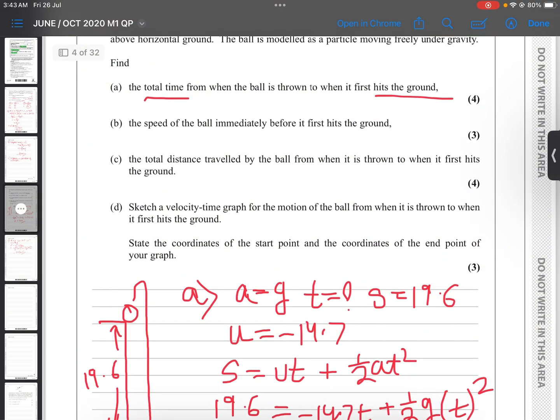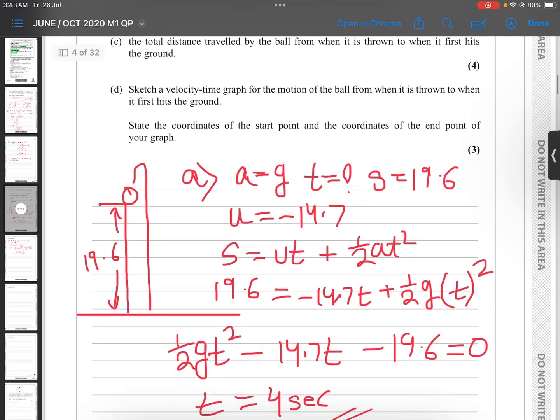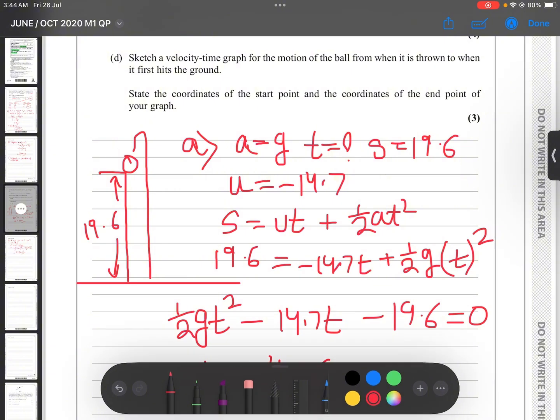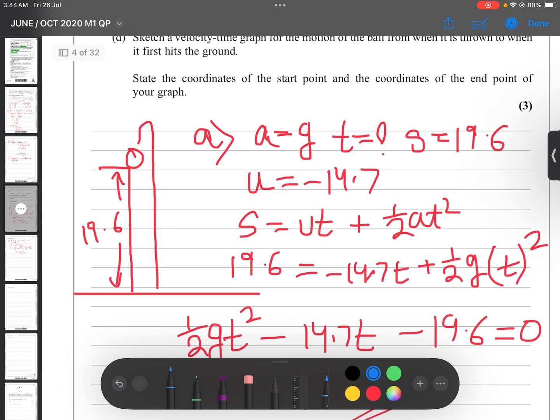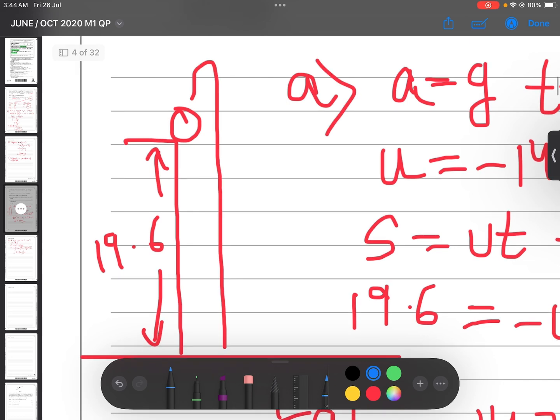Now part C states the total distance traveled by the ball from when it is thrown to when it first hits the ground. Okay, so as they have said, the total distance, let's focus on the diagram. The ball is here, okay? And this is 19.6 meters, this whole thing until reaching the ground.